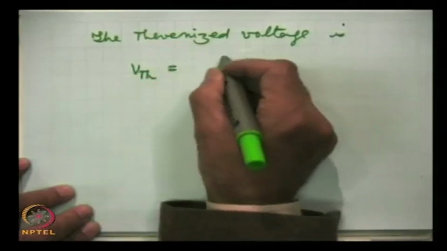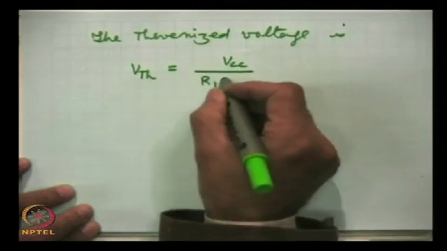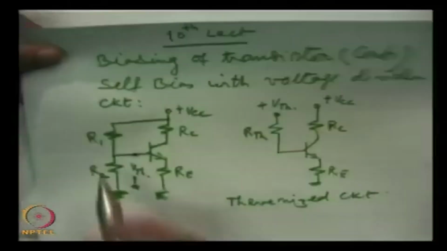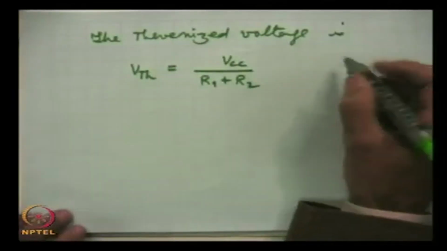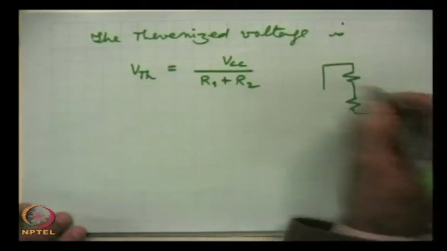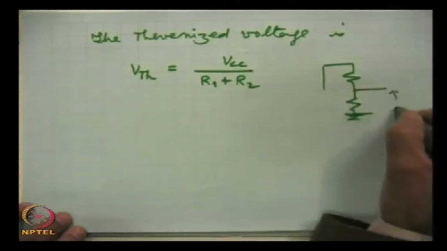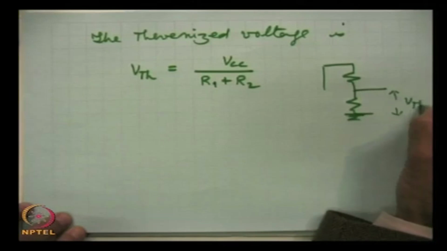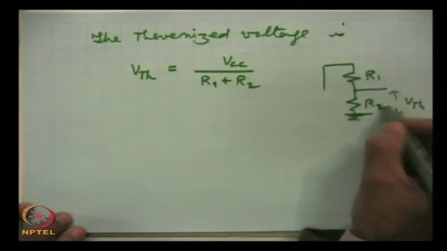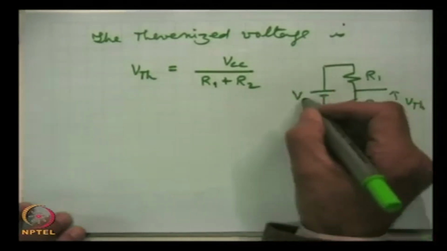This is the current VCC by R1 plus R2 here. Here, this is the Theveninized voltage VTH, and this is R1, R2, and this is the battery VCC.